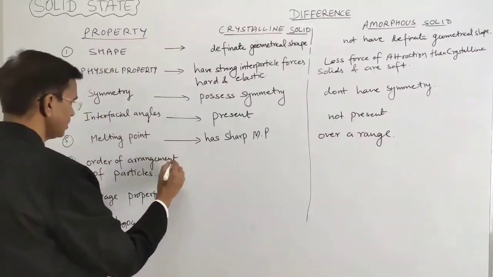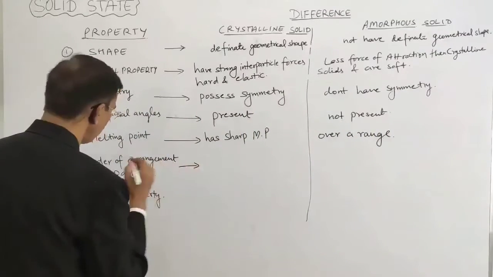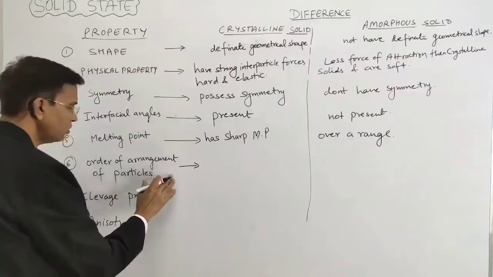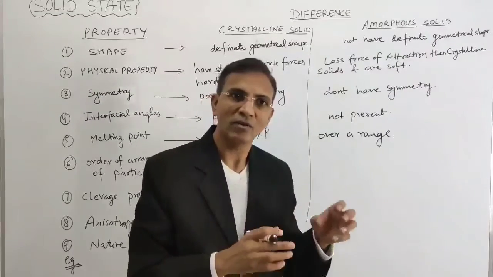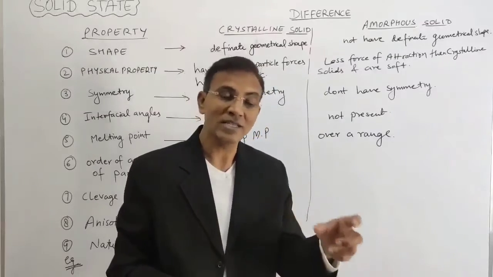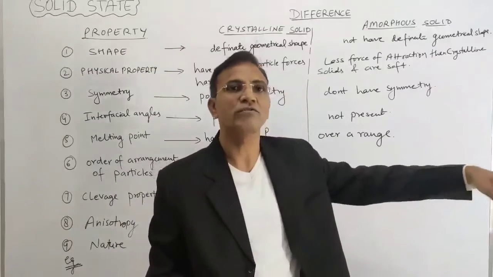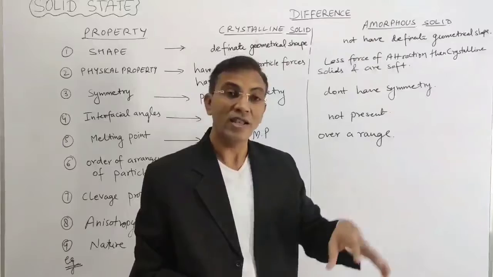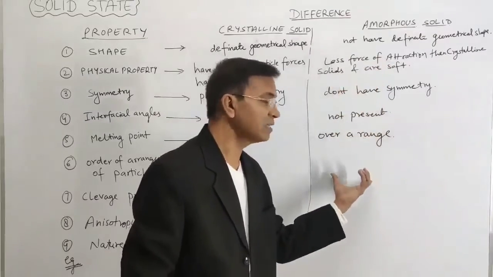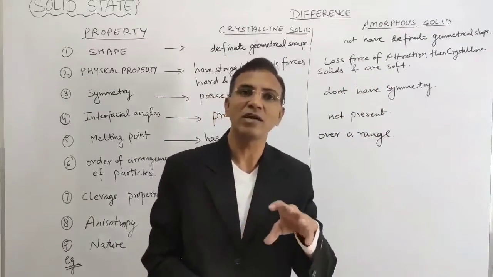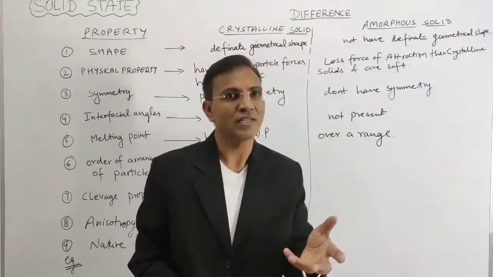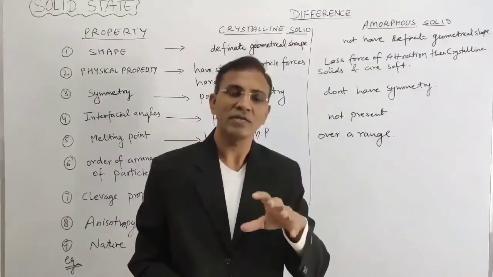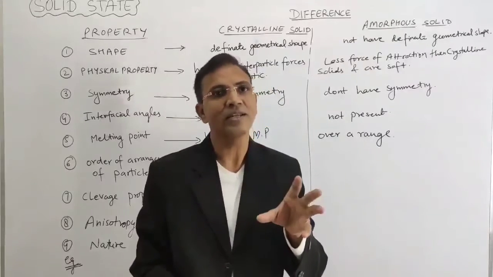Right? Now the next is order of arrangement of particles. Because of the regular arrangement of atoms present in crystalline solids, long range order is there. While in case of amorphous solids, there is no regular arrangement of pattern, so one or two particles may be arranged in a line, but they are irregularly arranged.